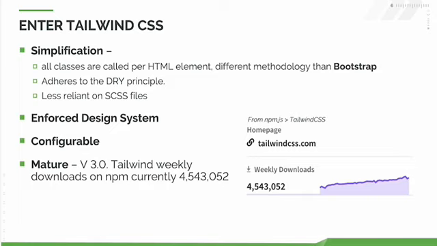And that actually is produced at build time as well, whether you're using that CSS or not. So here again, Tailwind uses only the CSS that you declare, which adheres to the DRY principle, and it's less reliant on the SASS files. We'll cover why Tailwind conceivably could be used as a complete standalone solution. However, we're blocked on that, which I'll go over in a minute.